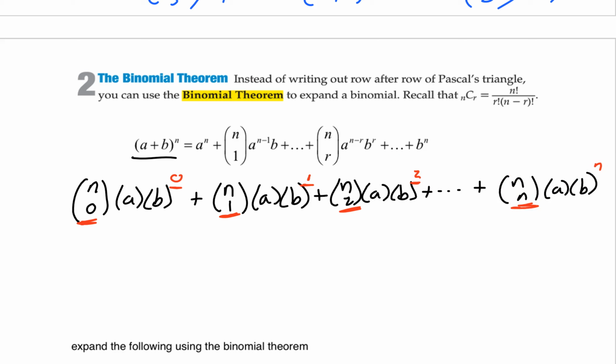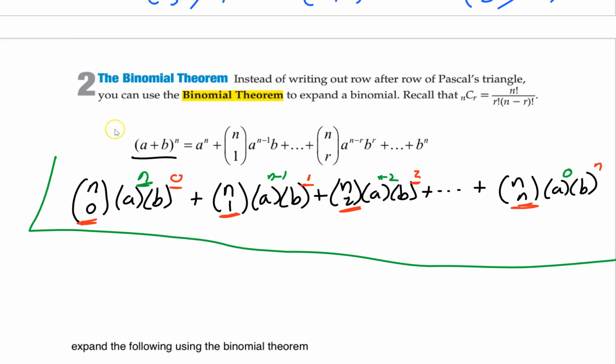Second thing, the power here and the power here have to add up to that n right there. So in this case, 0 and n, 1 and n minus 1, that'll make more sense later. Like let's say this was a 10, and that's a 1, this would be 9. Same thing, if that was a 10, that's a 2, this has to be 8. So we say n minus 2, and 2 plus what equals n is n minus 2. That is the binomial theorem, right there.